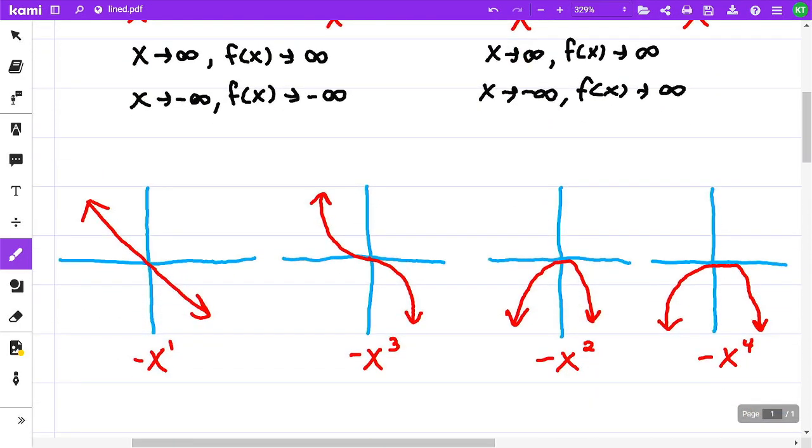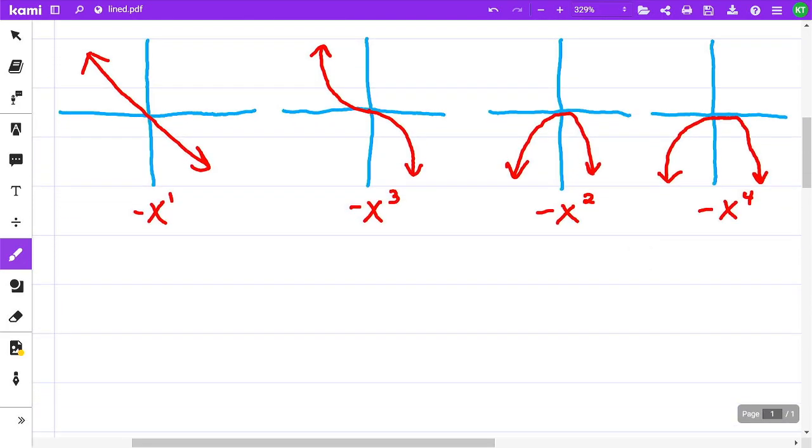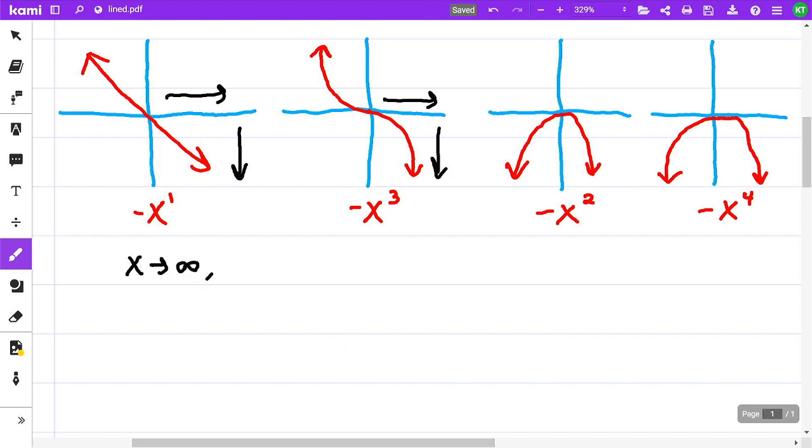Now, if we have a negative coefficient in front of our polynomial here, we see for negative x to the power of 1 and negative x to the power of 3, as x approaches infinity, things now switch. F of x will be approaching negative infinity. So again, as x approaches infinity, f of x will be approaching negative infinity.